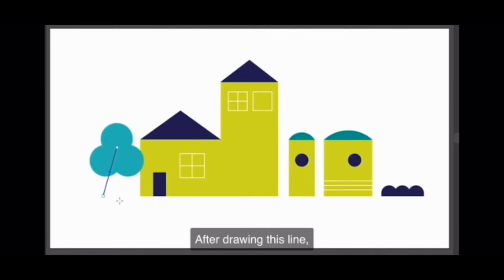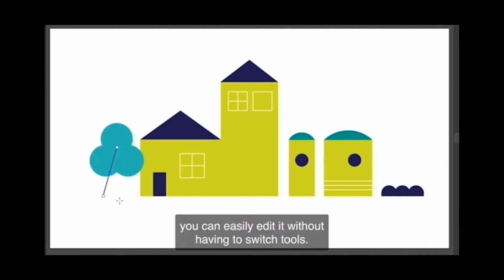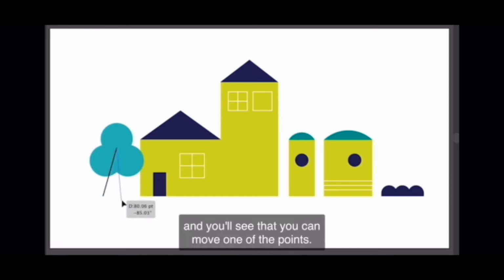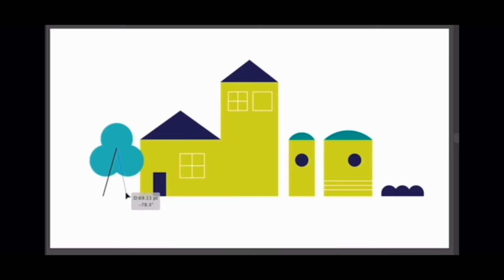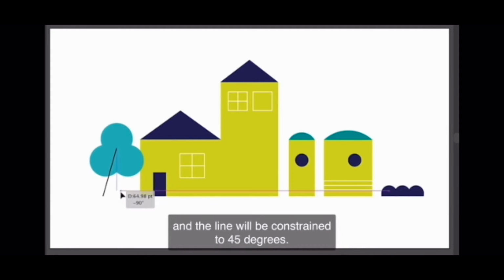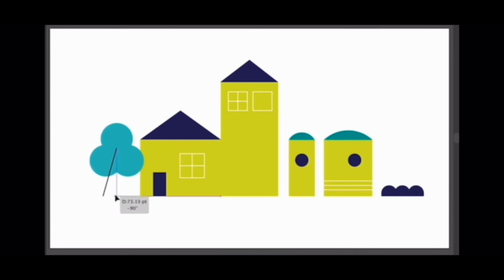After drawing this line, you can easily edit it without having to switch tools. To edit the direction and length of this line, click and drag, and you will see that you can move one of the points. You can also press the Shift key, and the line will be constrained to 45 degrees.